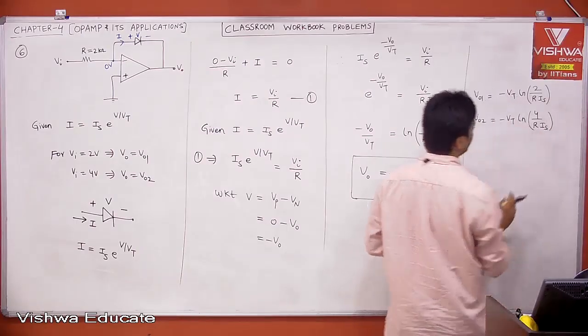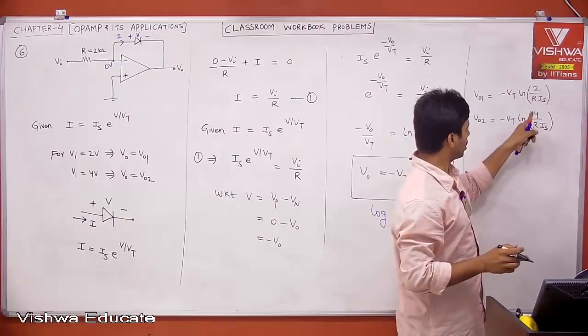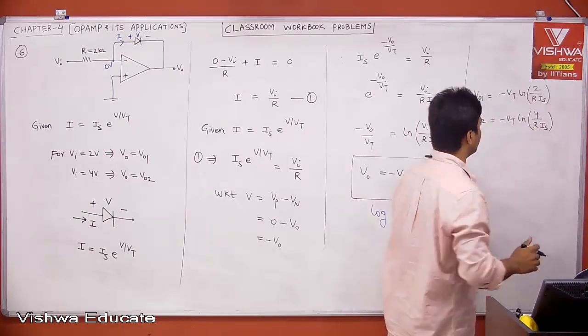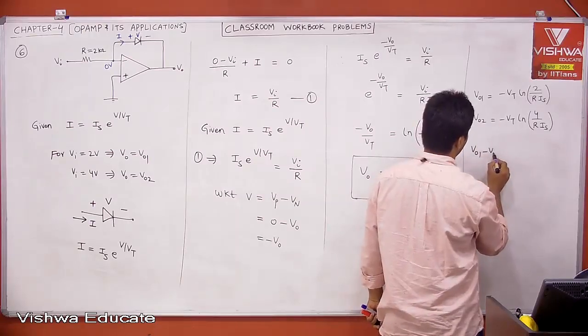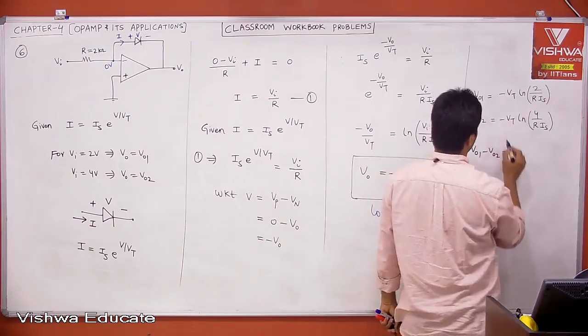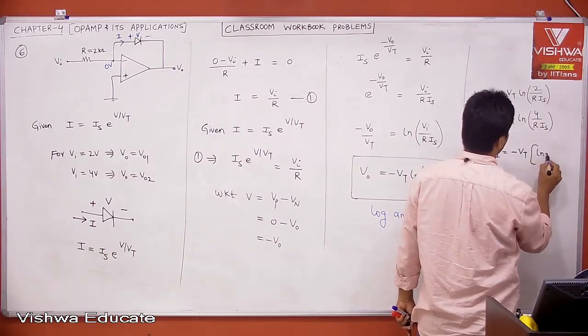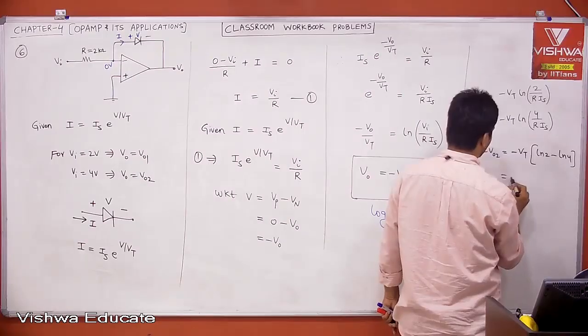What is log A by B? Log A minus log B. If you subtract, R into Is will be cancelled here. Therefore, V01 minus V02 is equal to, if you take minus Vt common, ln 2 minus ln 4. What is ln 2 minus ln 4?